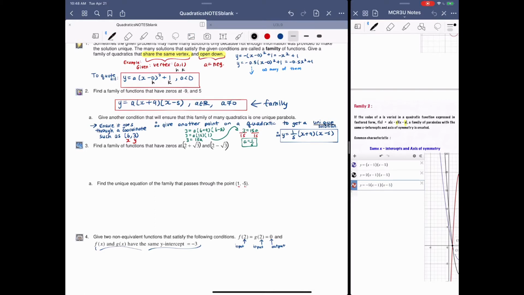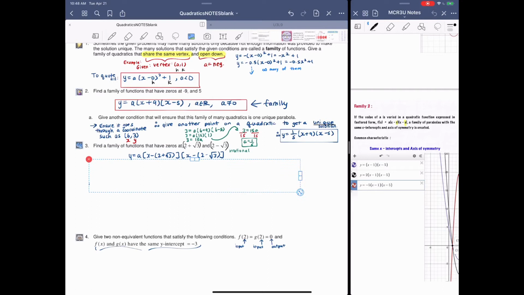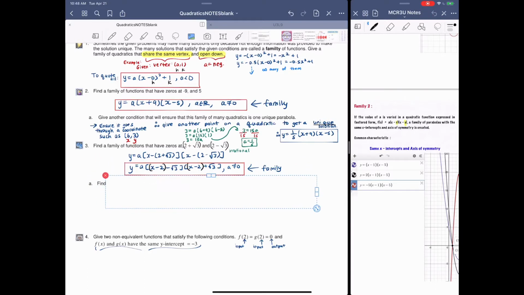When I plug in the zeros into the factored form, I get that. I'm going to do one more step of simplifying the brackets within. And so I get (x - 2 - √3)(x - 2 + √3), where a can't equal 0 because otherwise it is a horizontal line. And that is my family equation for part 3.